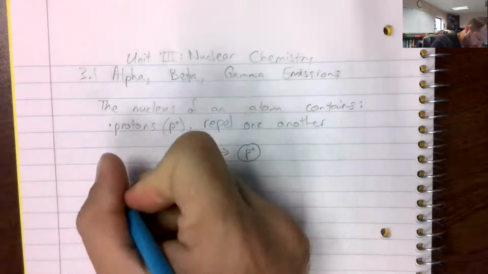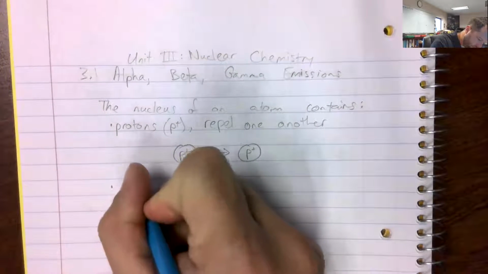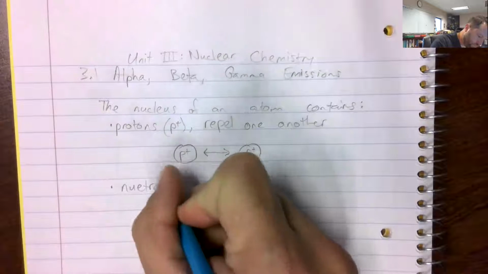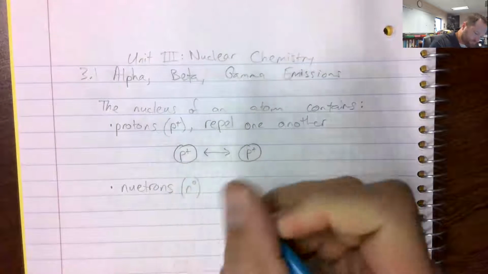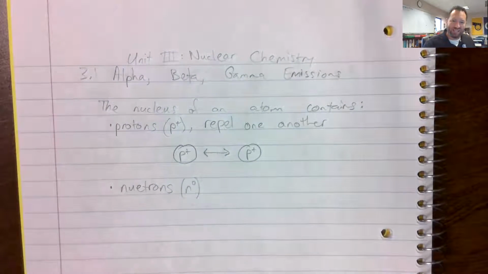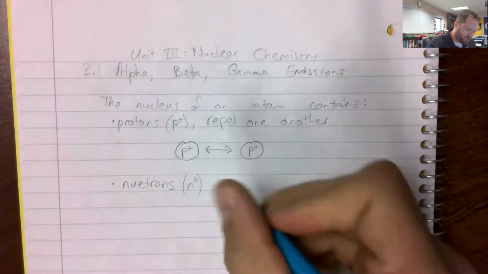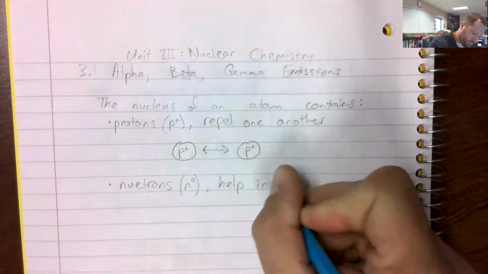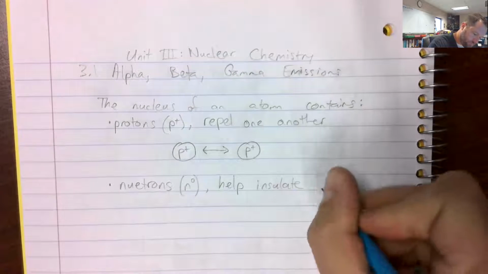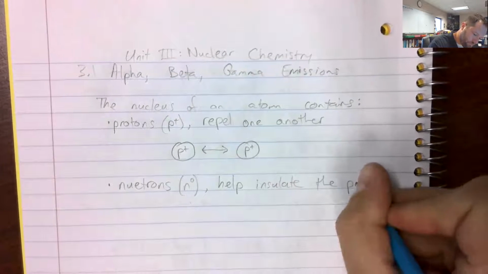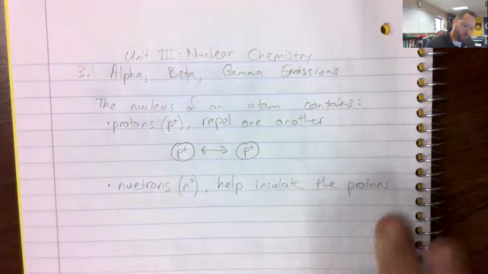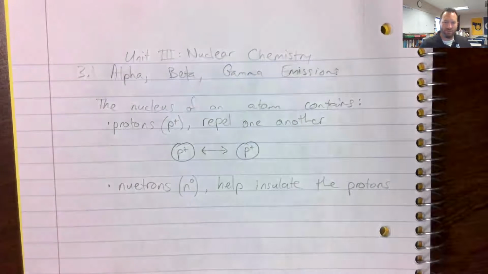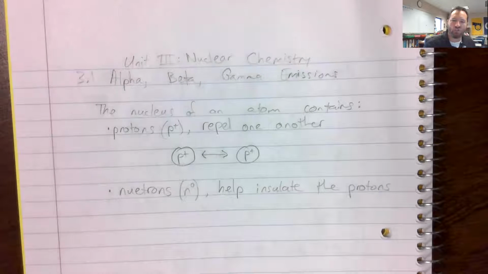So luckily, we also have neutrons, which we symbolize as N0. They don't have a charge, and they help to insulate the protons. They kind of protect those positive charges.